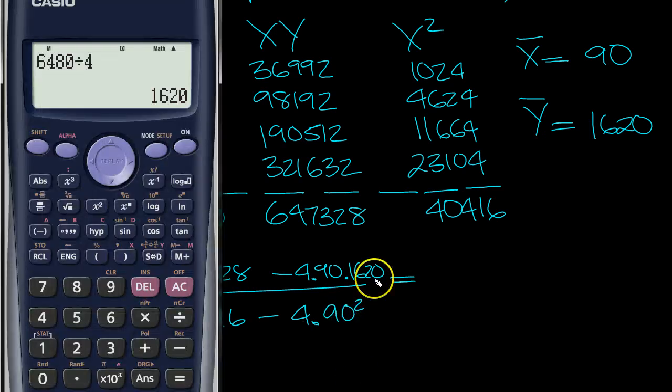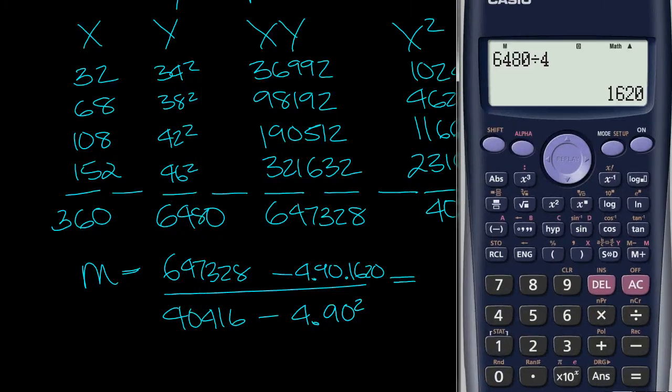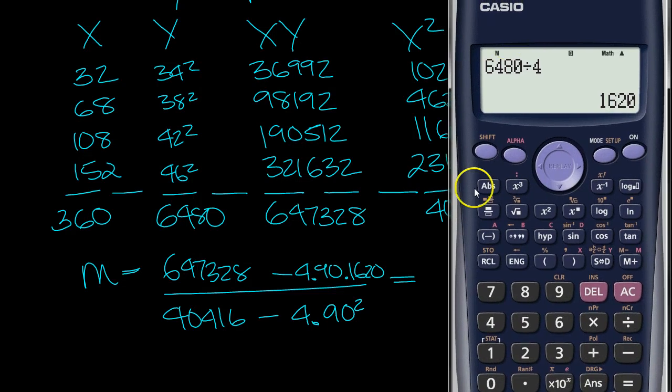So let's tap that in and work it out. On top, 647,328 minus 4 times 90 times 1620, that's the top number, divided by bracket 40416 minus 4 times 90 squared, close the bracket underneath, 8.